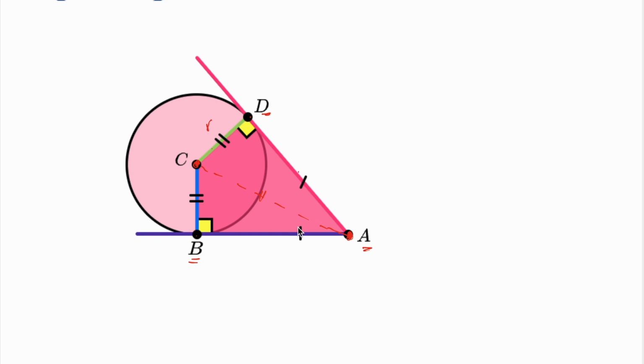This tangent is of the same length, and this is the radius. Hence, both the radii are also the same, which also means that these angles are also the same. So this angle will equal this angle and this angle will equal this angle, which means that these two triangles are congruent triangles.